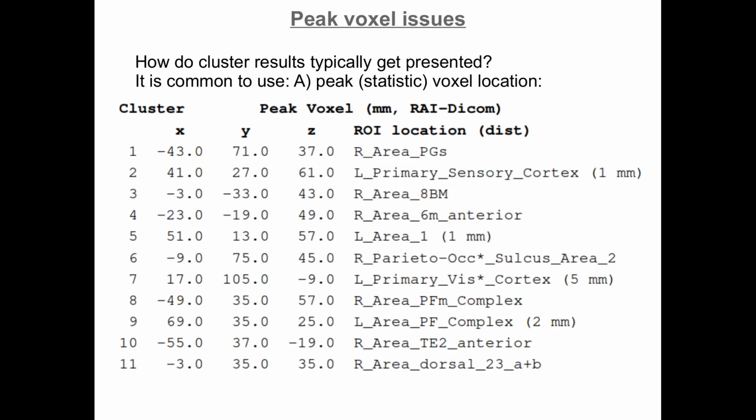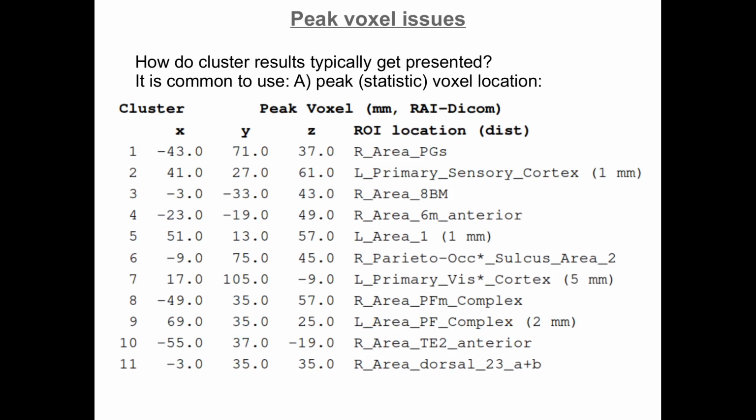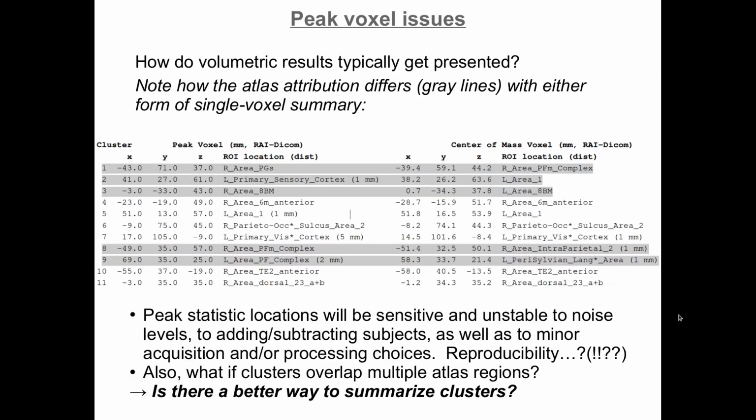It's not just the coordinates changing, but actually now your reported region of interest in your atlas has changed. And this is what it looks like, that just by choosing a different summary single location for your region of interest, you actually have a different coordinate, a different location that you're talking about. In one case, this even flips from being a right-sided region to a left-sided region.